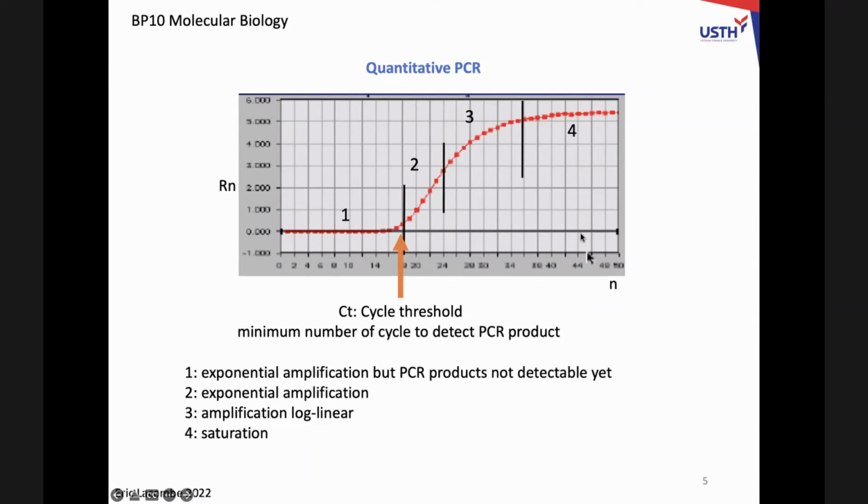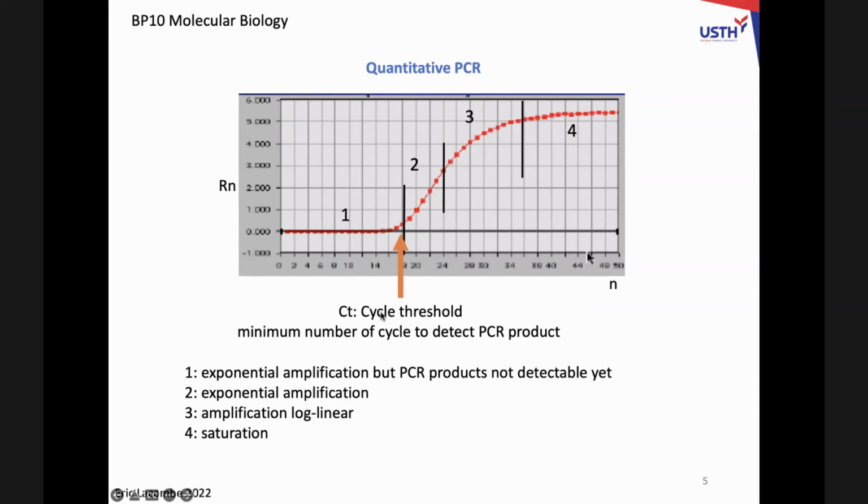It is technically the threshold of detection of the machine. In other words, all the values below this threshold line, the machine cannot really measure. So even though there is exponential amplification, we don't see it because it's underneath the threshold of the machine. So we don't pay attention to this.